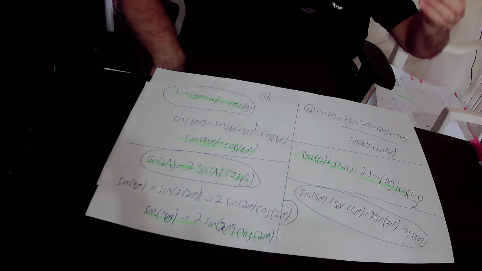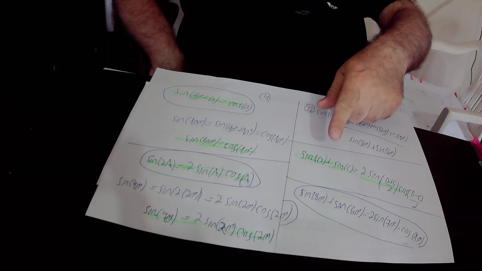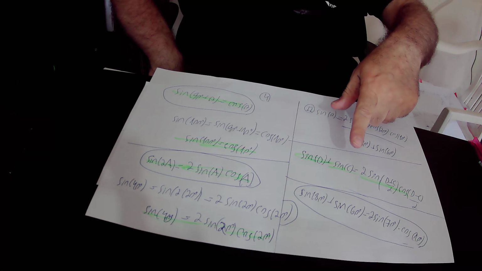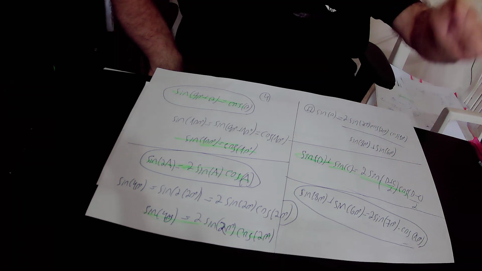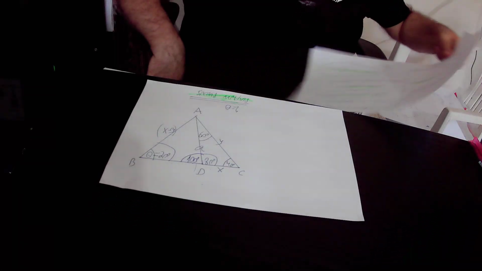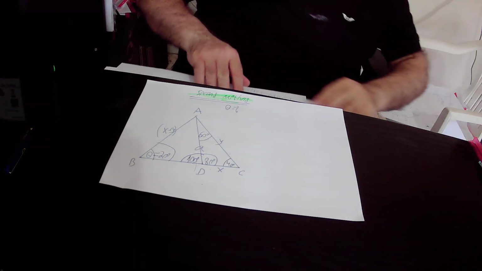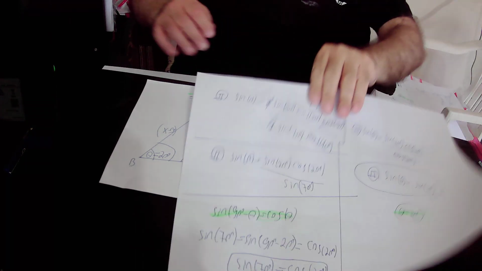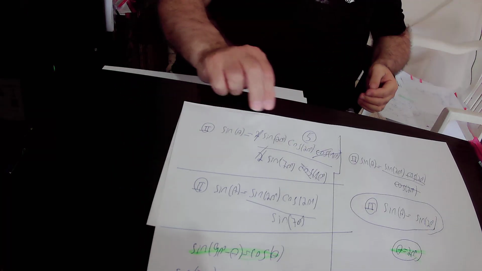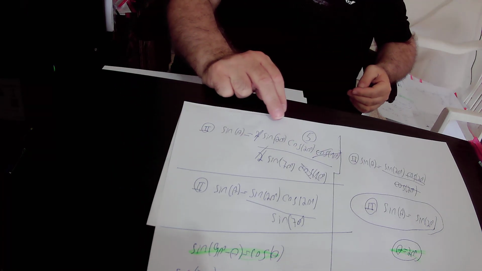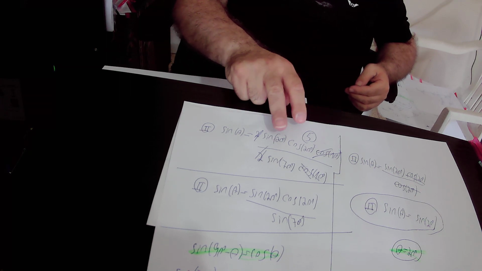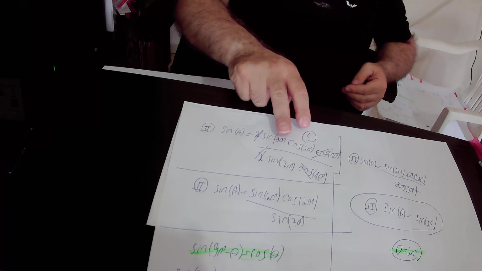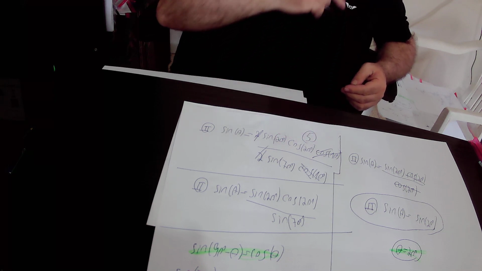So we can substitute sine 80 degrees plus sine 60 degrees by 2 times sine 70 degrees times cosine 10 degrees. Actually, we did it and we got that sine theta equals 2 times sine 20 degrees times cosine 20 degrees times cosine 10 degrees, over 2 times sine 70 degrees times cosine 10 degrees.